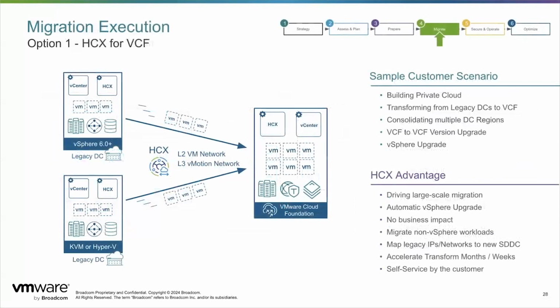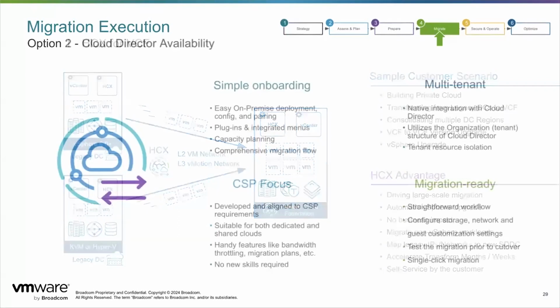A few words about the tools during the actual migration. So we have HCX that is suitable for small and also for large-scale migrations, and it provides plenty of options, plenty of scenarios covered by the tool. It also has additional features that complement the migration. We have a slide on that a little later.